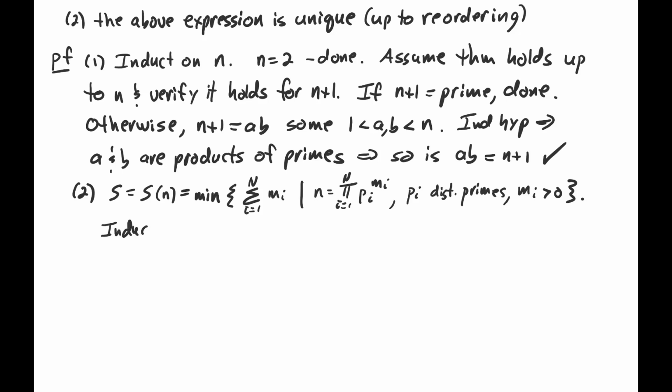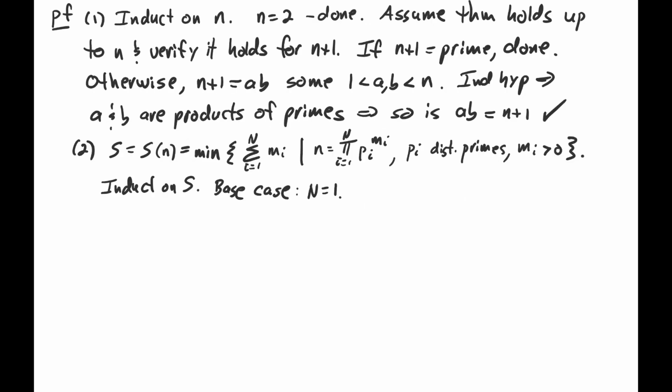So now we're going to induct on S. And by that, I mean we're going to assume the theorem is true for all n's with an S value at S or lower, and then show it works for the n's where the S value is 1 higher. The base case is when S is equal to 1. Well, if S equals 1, that simply means that n is a prime p.